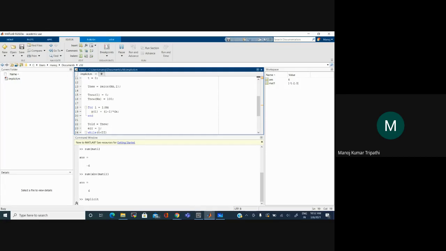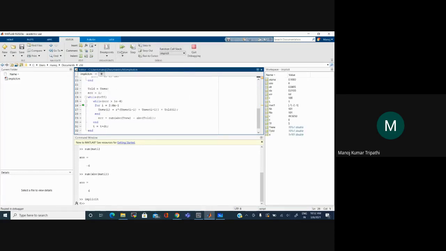So right now we don't even know at what time it is currently. Let us just pause this, quit this, and we'll print the time also, so that we know where it is right now. So if you don't put a semicolon, it will print it. Let us do it again.